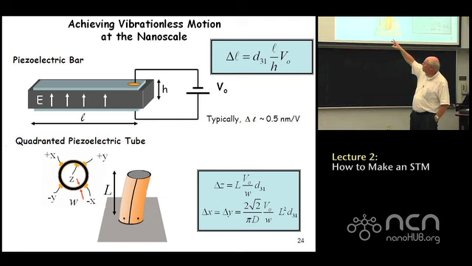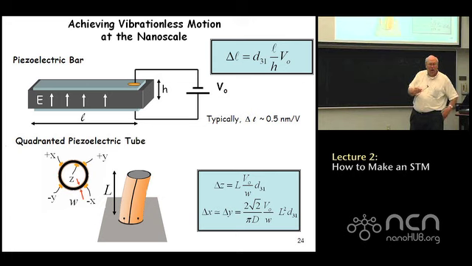Where ΔL is given by the voltage that you apply, V naught, times a geometric factor that's related to the geometry of the bar, times a piezoelectric coefficient that's a property of the material that the bar is made from, right?